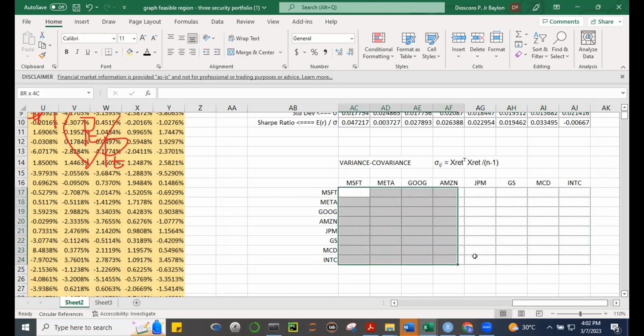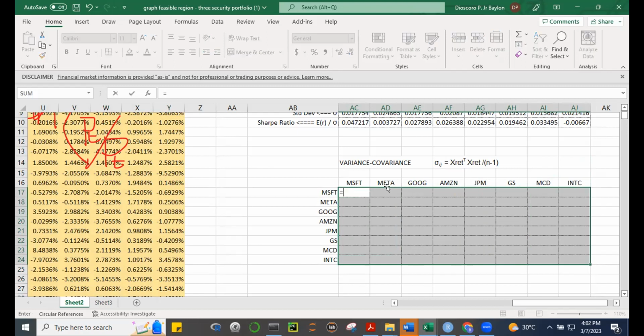So you just highlight everything, okay? And then we're going to multiply the transpose of your XRET. Transpose means you interchange. The row becomes the column and the column becomes the row. So what we're doing here is equal to, okay? And then I'm going to multiply XRET transpose with XRET.